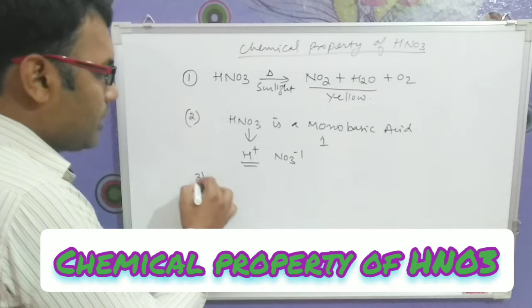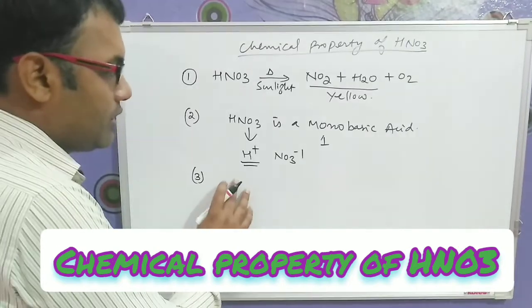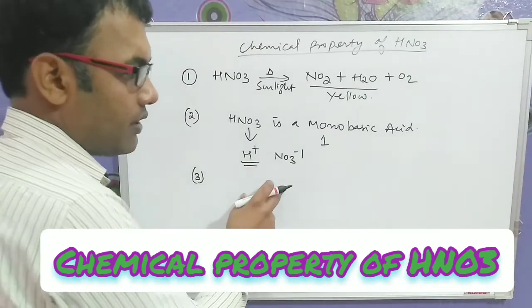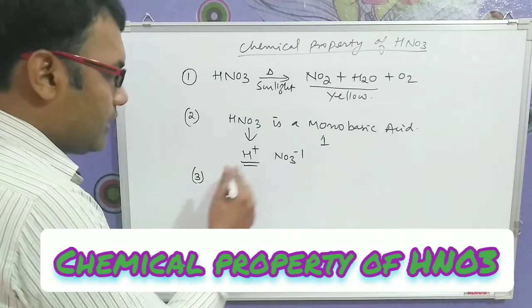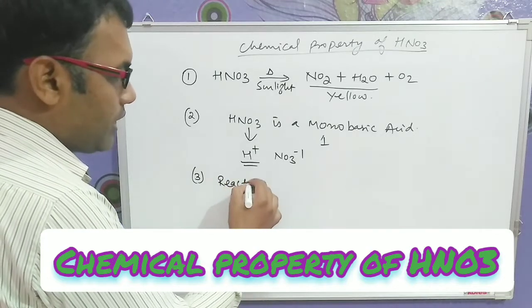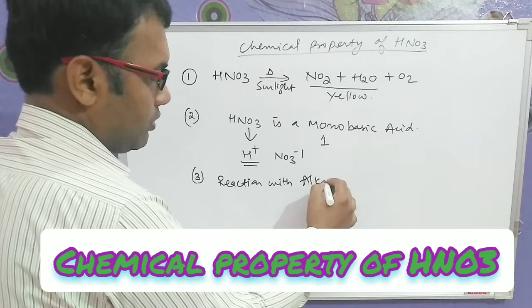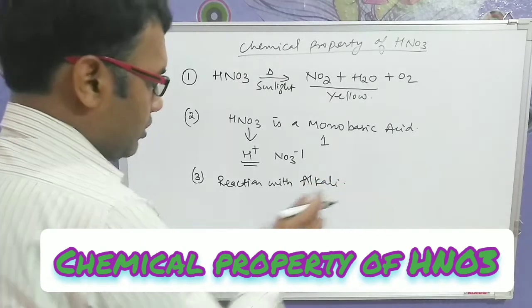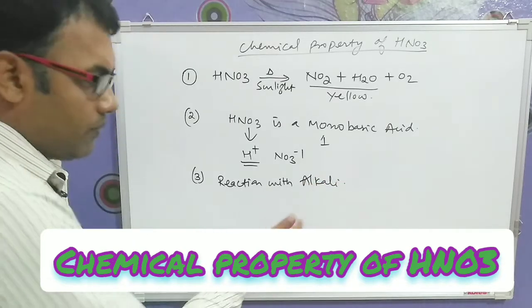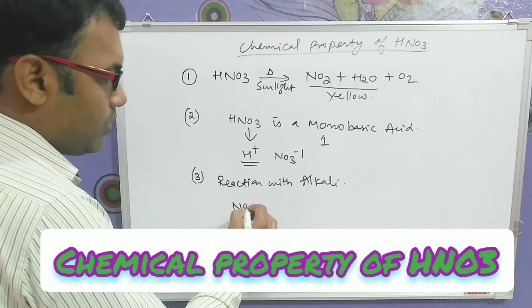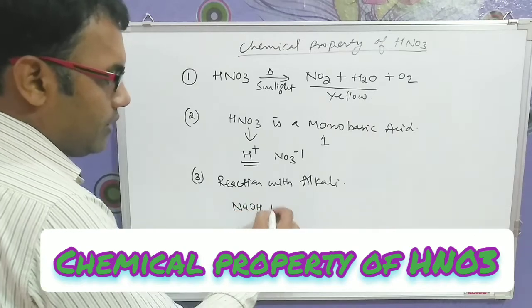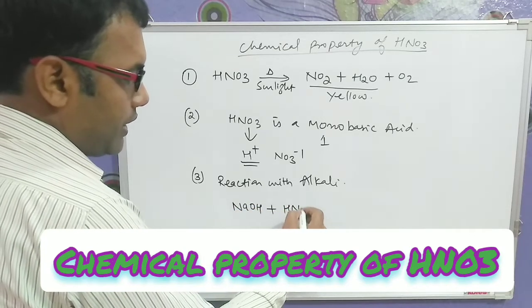The third chemical property which we will be studying here is that nitric acid reacts with alkalis. For example, we take sodium hydroxide, an alkali, plus nitric acid.